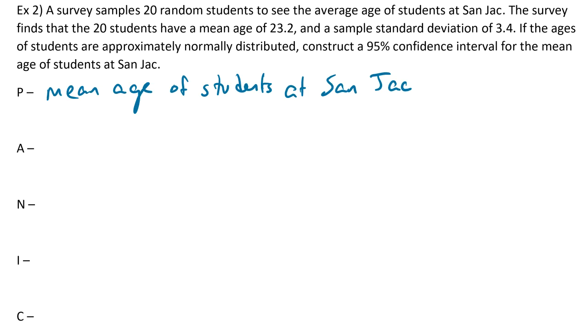A would be our assumptions. So it is random. Our sample size is not greater than or equal to 30, but it is normally distributed.